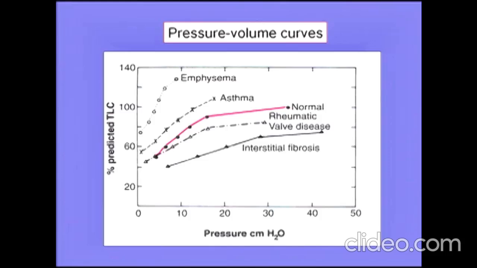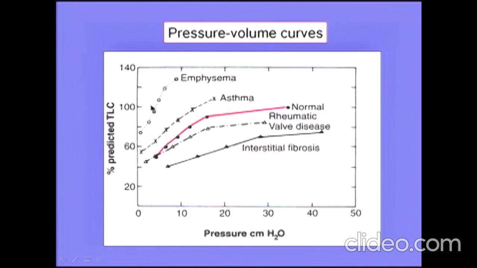Here are some pressure volume curves showing that in asthma, as I mentioned, the compliance is increased. Here we're looking at volume against transpulmonary pressure. The volume for a given transpulmonary pressure is greater than normal, shown by the red line here, and the slope of the line is somewhat increased.